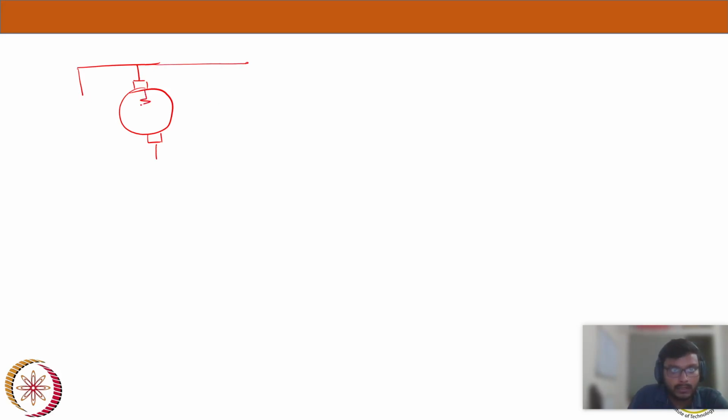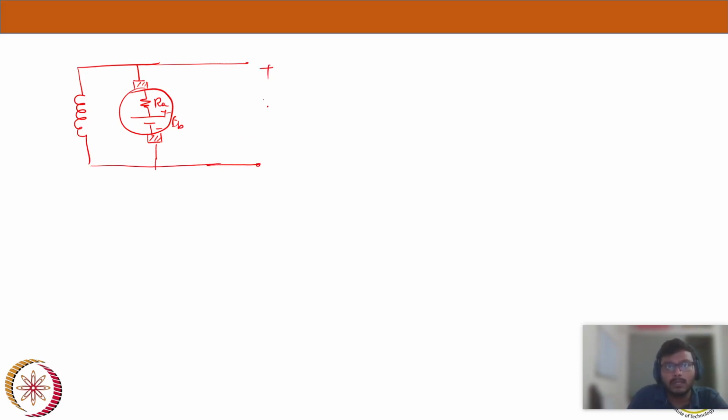This is the armature resistance RA, this is the back EMF EB, and these are the brushes. Now it's a DC shunt motor. It means that the field winding is in shunt position to the armature.